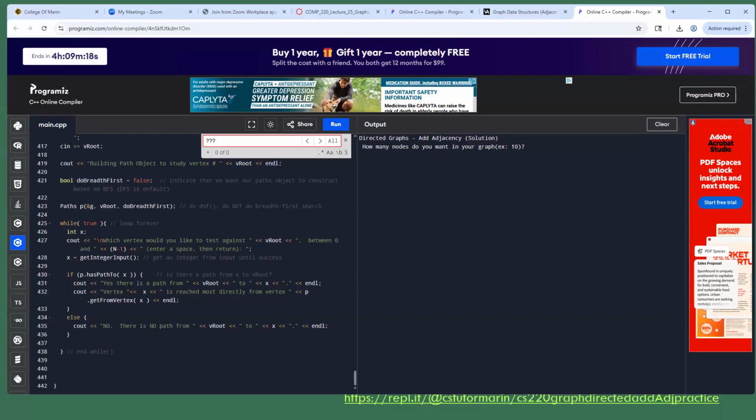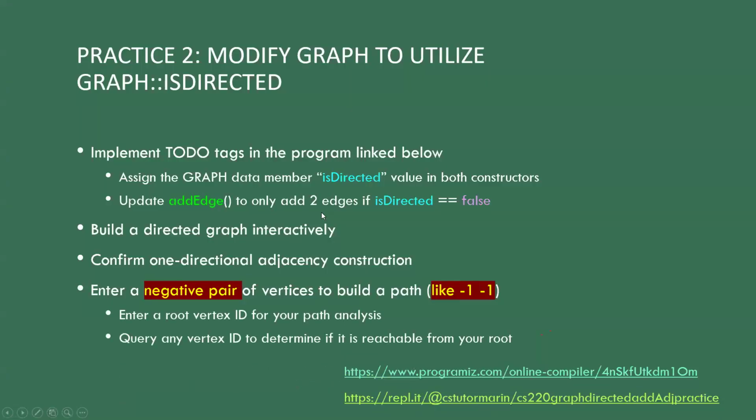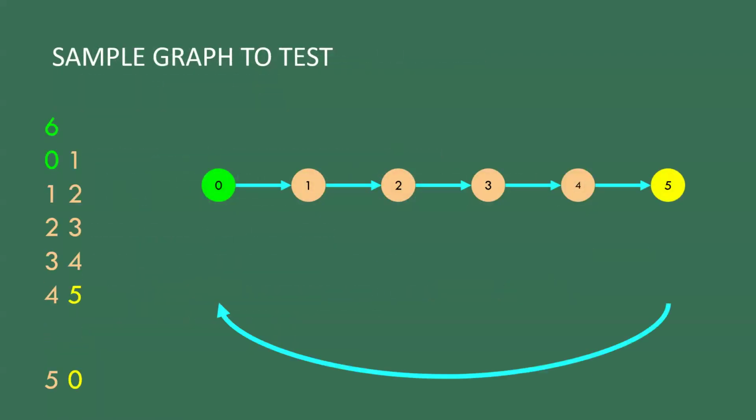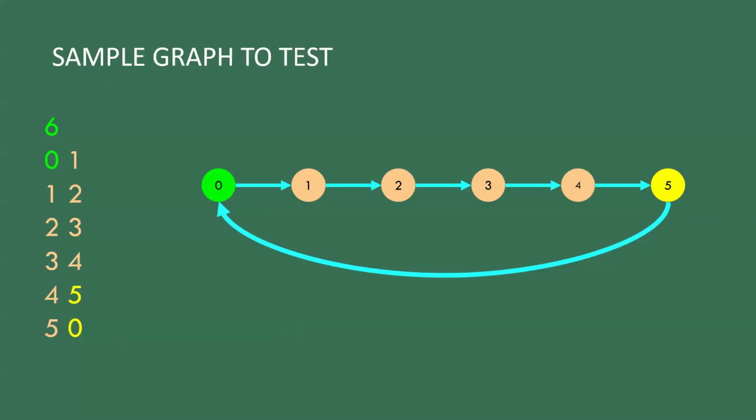Okay, so that's our basis for where we're going for the next couple weeks. And you can work with any of these graphs. This is just the one that we used last time to test shortest path. So I put that up there again in case anybody wanted to try that out, okay?